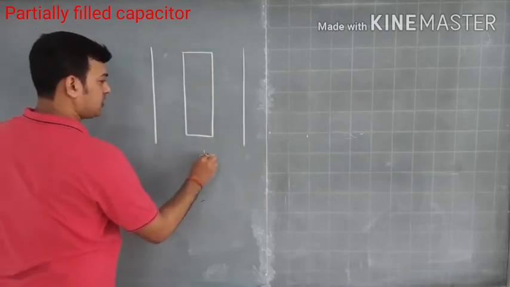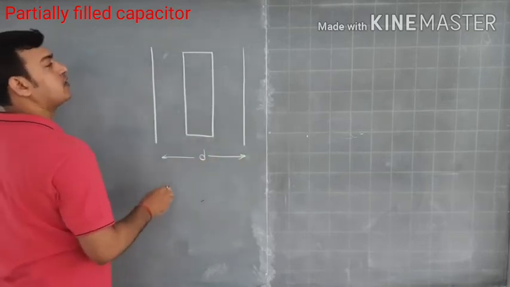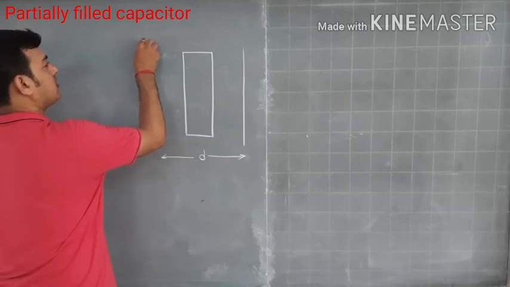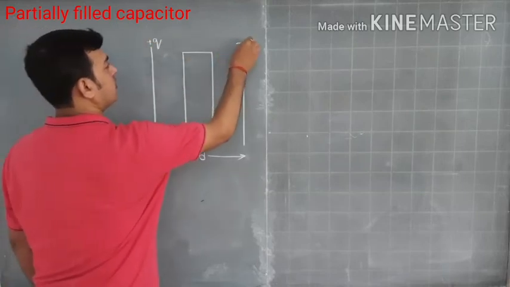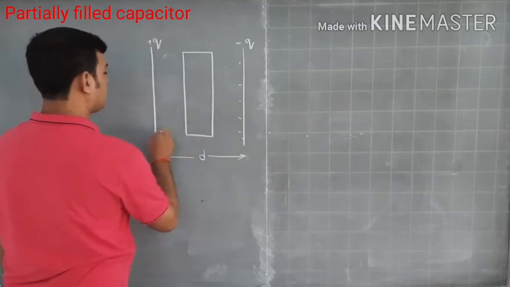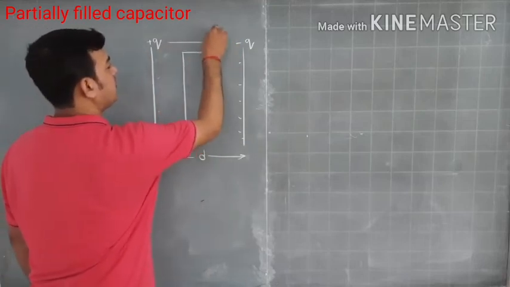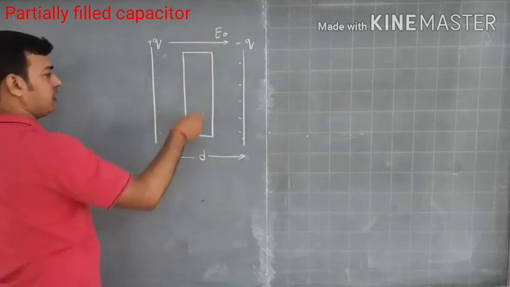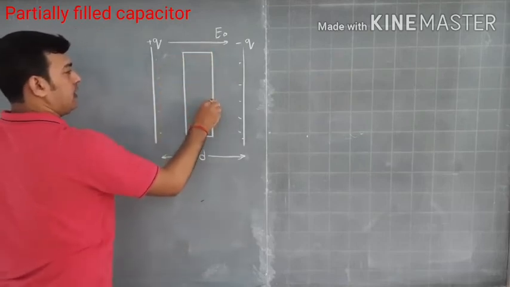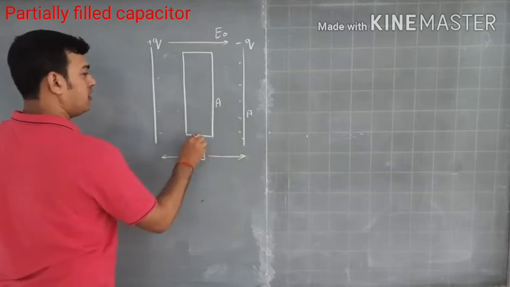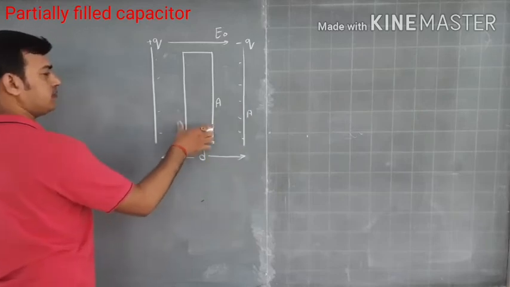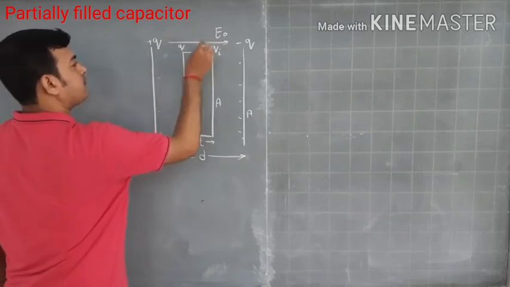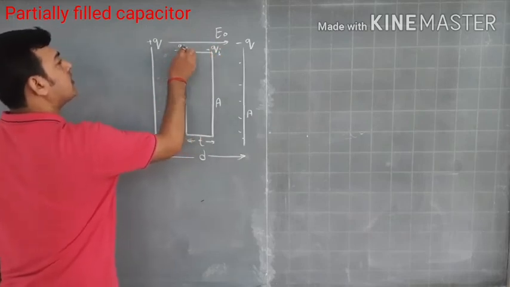So suppose d is the separation between the plates of the capacitor, and let me take the charges as plus Q and minus Q. So the original electric field due to the charges on the plates is E naught, and we know that if a dielectric of the same area and thickness t is placed between the plates, then the induced charges will appear on it like this.